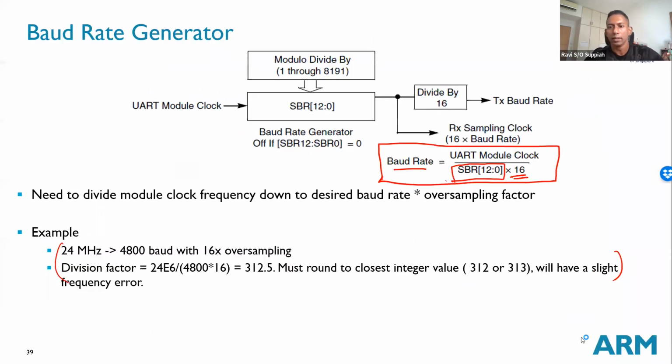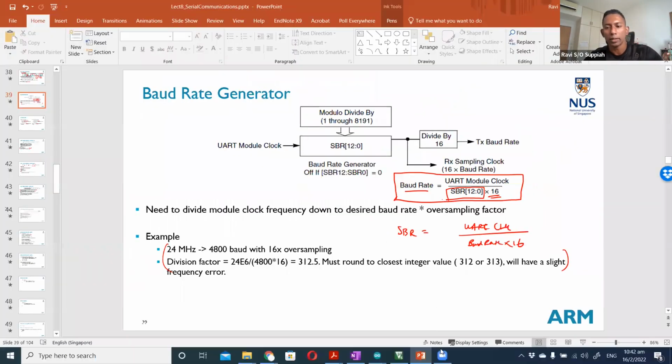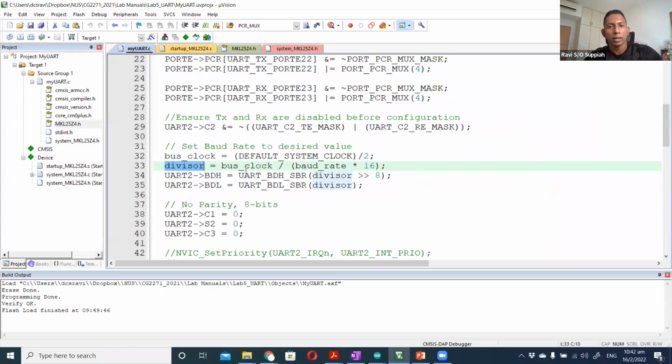So SBR will be equal to the UART clock divided by baud rate times 16. That is basically what we are doing here: the UART clock, which is the bus clock, divided by baud rate times 16.